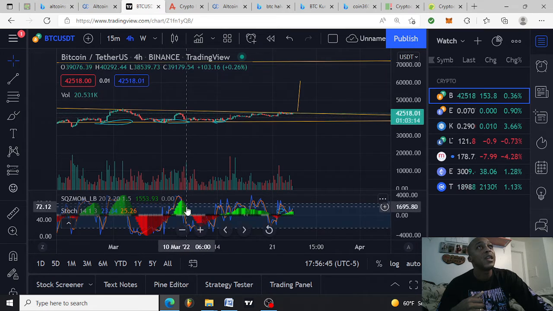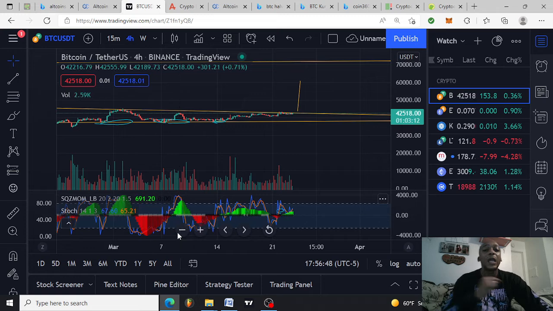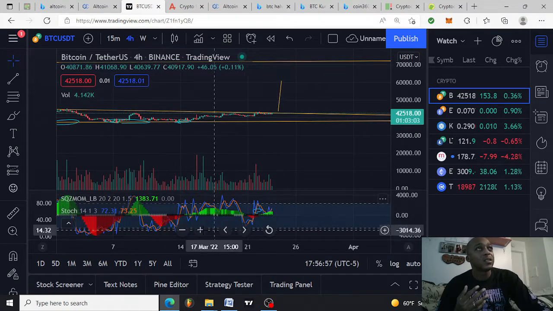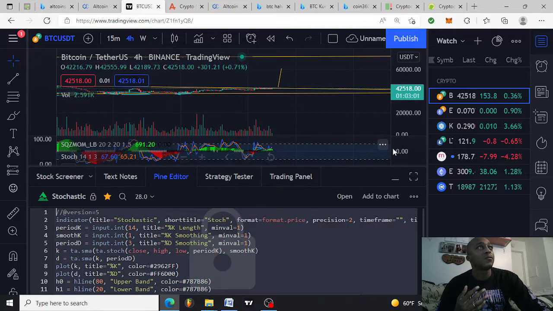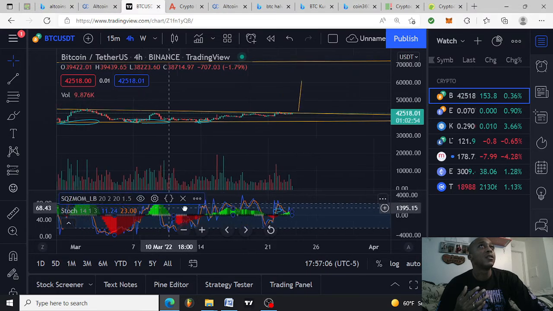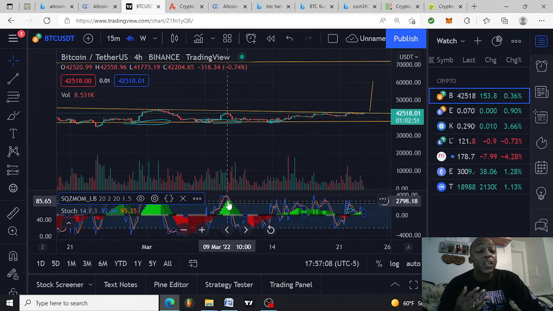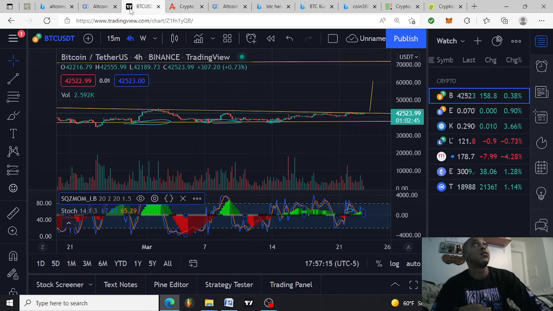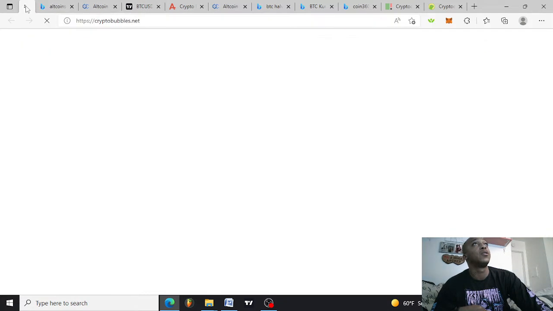What I strongly believe is that these indicators are lagging indicators, which means they follow behind what the price is doing. So what I think I should do is realize that when these start to look like they're about to go down a little bit, go ahead and start taking profits. Now, that sounds like something I should have been doing.